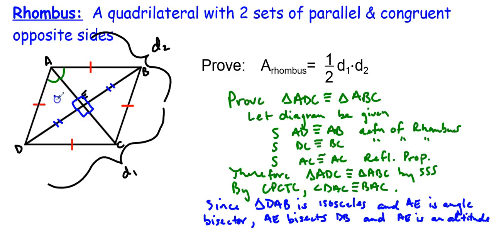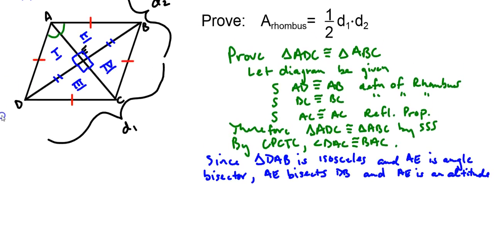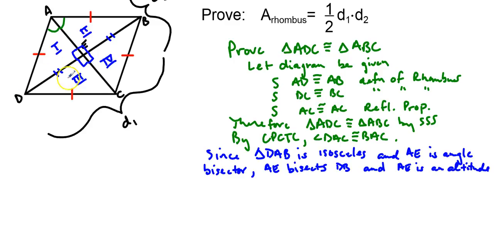So from that, again, we're going to take the same process as we did before. We're going to define these in terms of Roman numeral 1, 2, 3, and 4, and then just piece together our area. We know that our area is going to be the sum of all of those. So the area of triangle 1 up there is 1/2 the base.